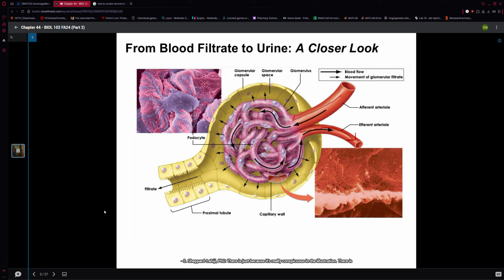Because it's conspicuous in the illustration, there is a difference in diameter between these arterioles, and that does have an impact on the rate of filtration. But that's not a topic for Principles of Biology, so I'm just acknowledging that difference, but we won't discuss the explanation here.